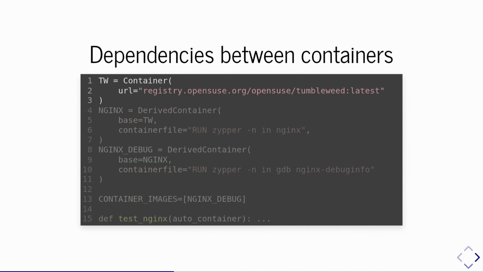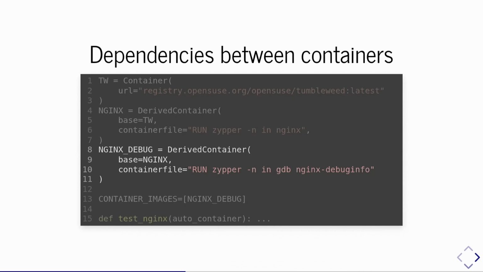So what happens is you can also define dependencies between container images. So let's say you have your base image, then you build on that an Nginx image. In this case, you just install Nginx. And then for some reason you want to have one with GDB and debug info. Maybe you've seen it crash very frequently.